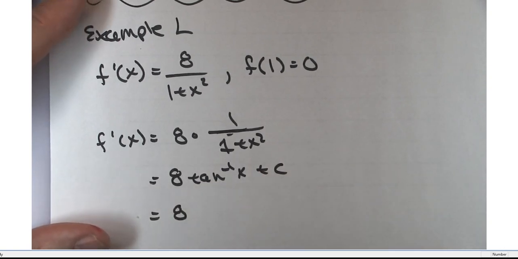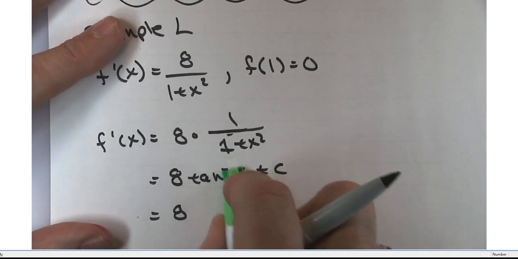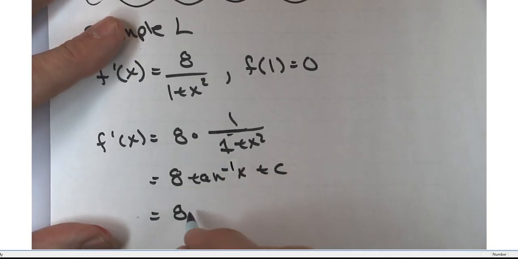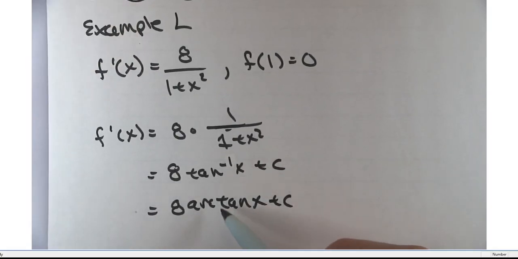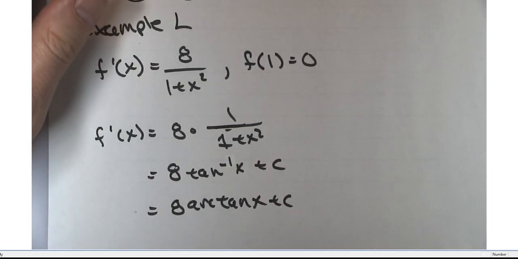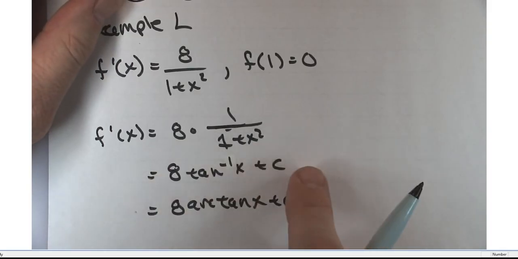Does anyone remember? Yeah, arctan. This is just like square root of x and x to the 1/2. They mean exactly the same thing. They have the same derivatives. That's fine.